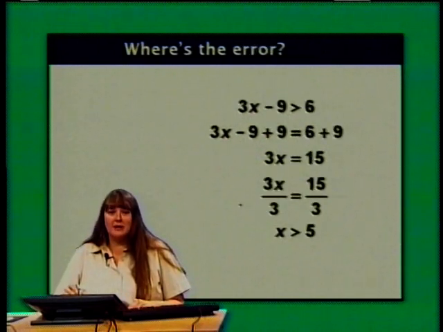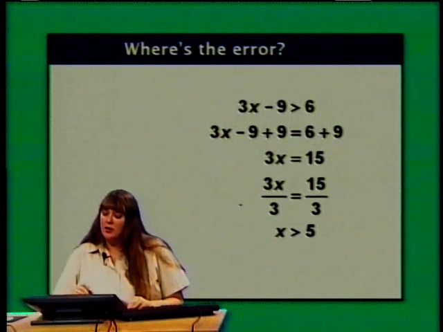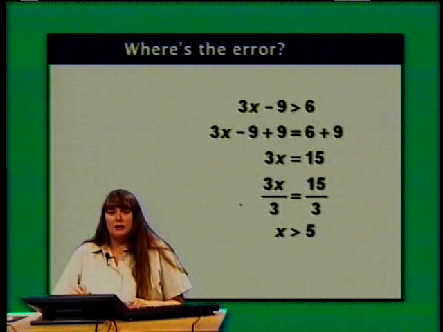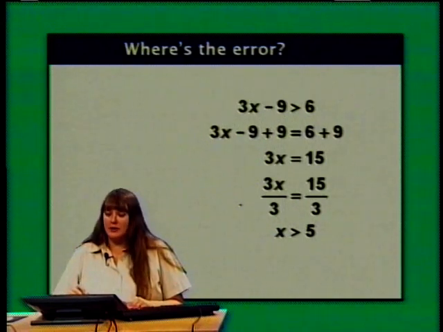Let's look for the error in this example. We have the inequality 3x minus 9 is greater than 6. To solve this inequality, we could isolate the constant terms on the right-hand side. To do that, we could add 9 to both sides of this inequality. So here I see 9 being added to both sides of this equation. Wait a minute, we had an inequality.